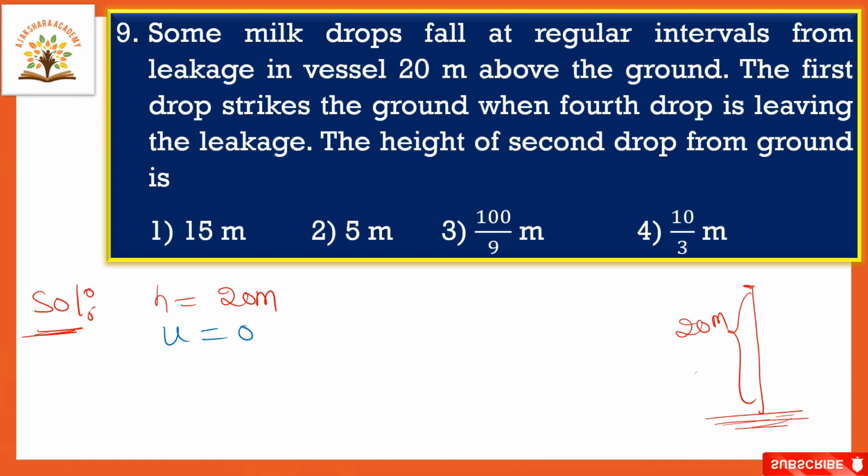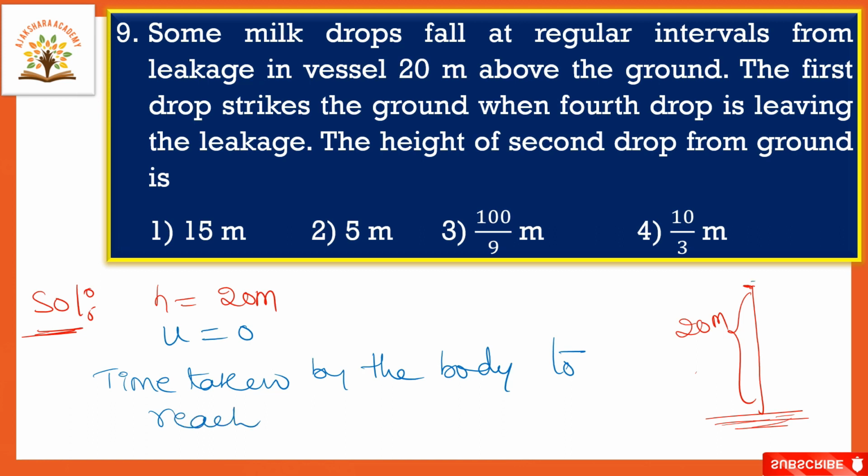The time taken by the body to reach the ground, T is equal to square root of 2h by g.